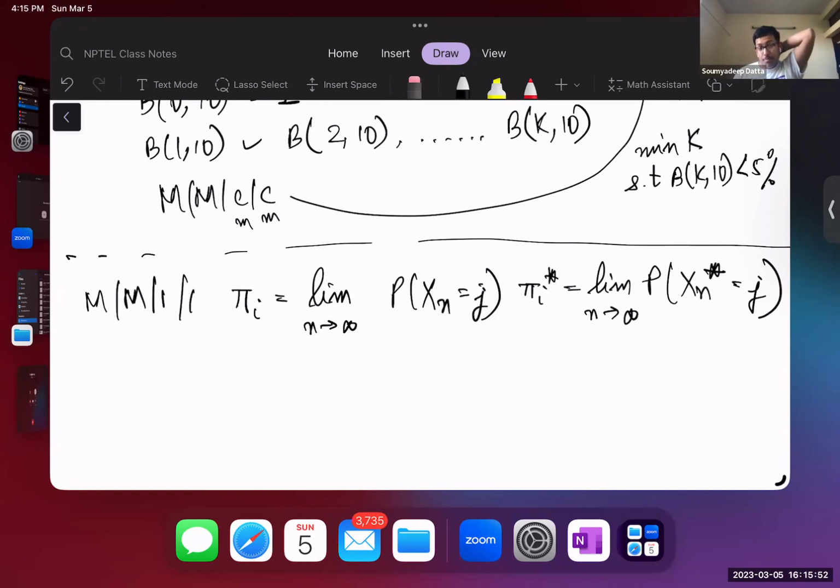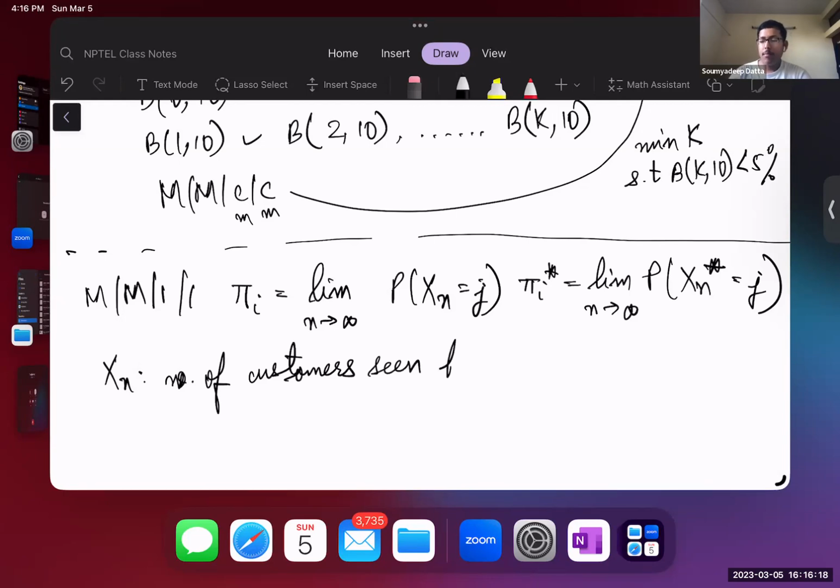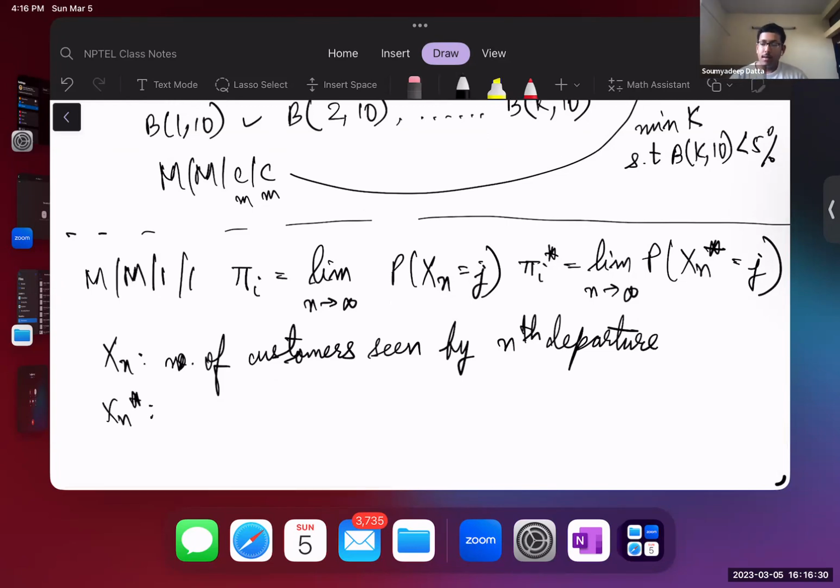So here X_n is, so we have the queue in state n. So X_n is essentially the number of customers seen by the nth departure. And X_n star is the number of customers seen by the nth arrival.